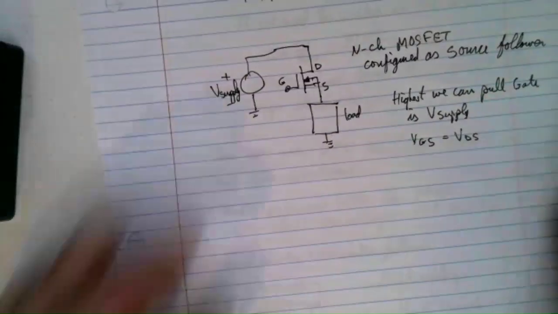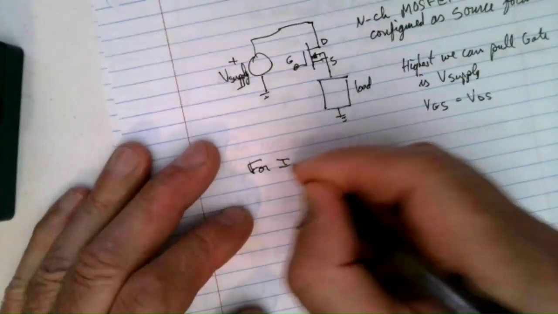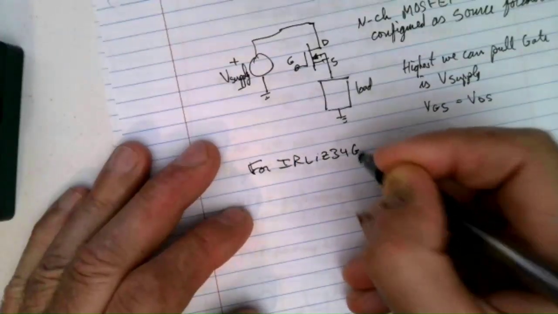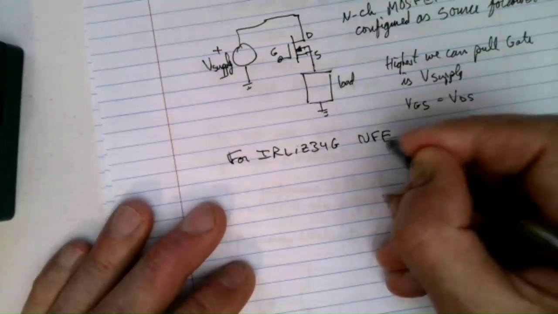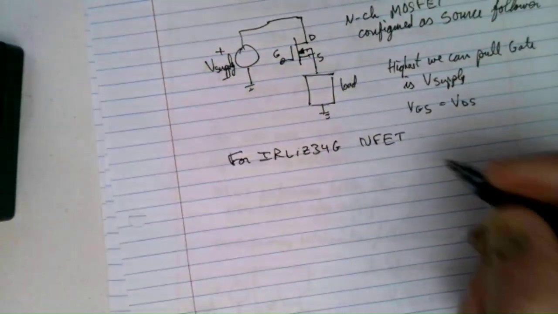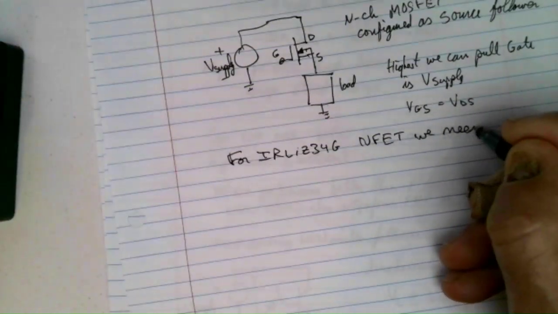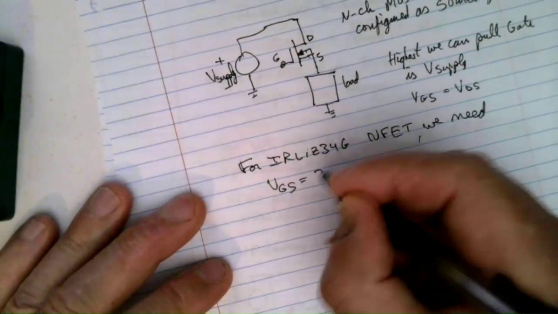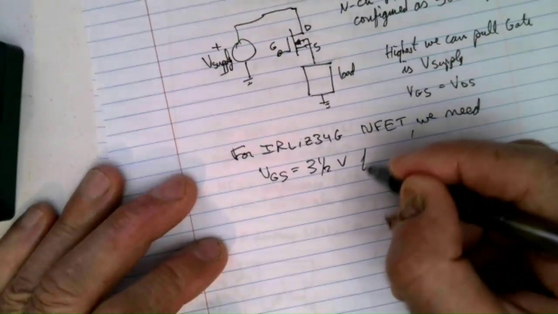So for the IRLIZ34G NFET, we'll need VGS equal to roughly 3.5 volts for 15 amps.